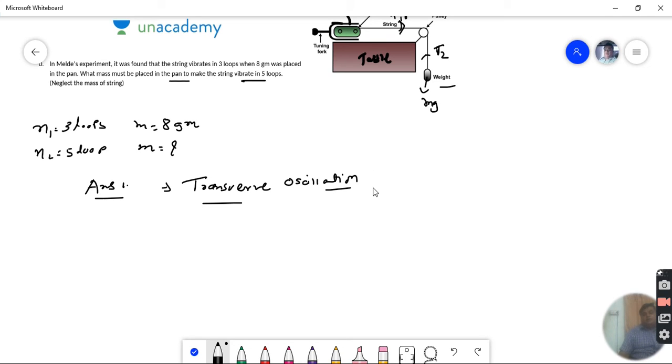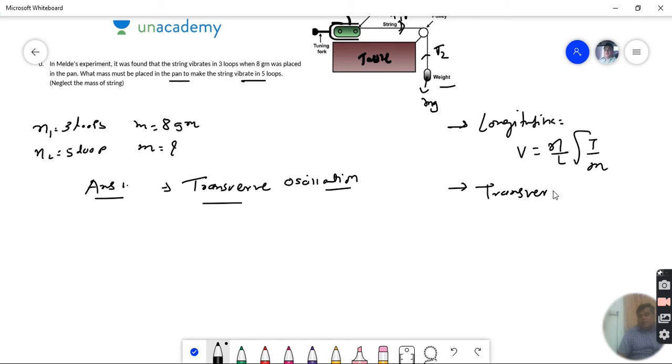The longitudinal formula is v equals n upon L under root T by M. But in Melde's experiment, for transverse oscillation, v equals n upon 2L under root T upon M.